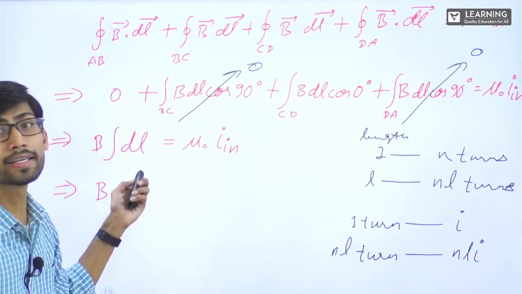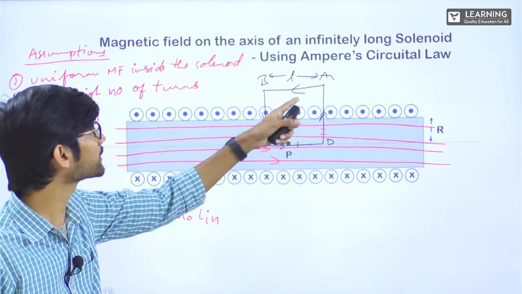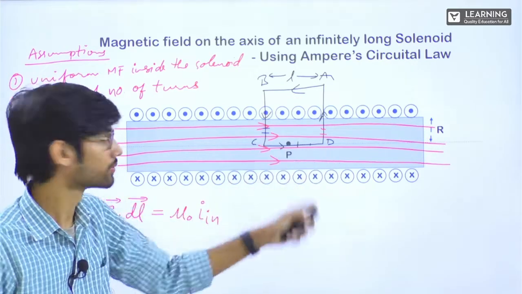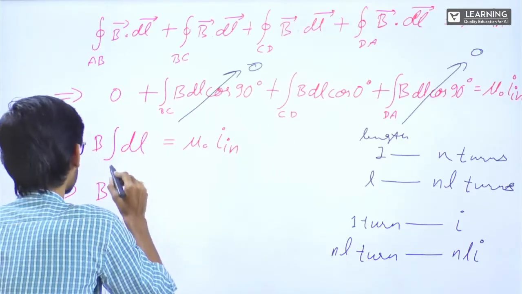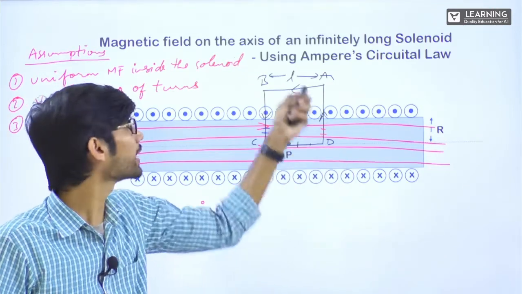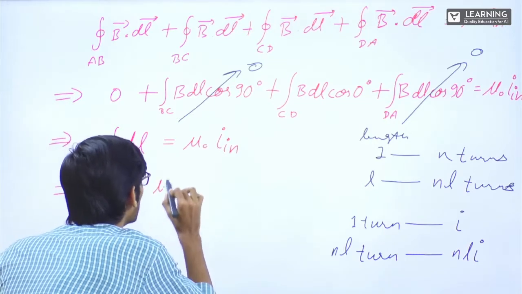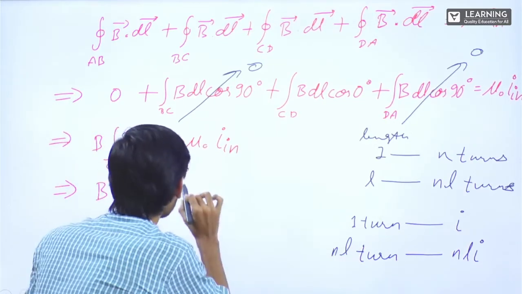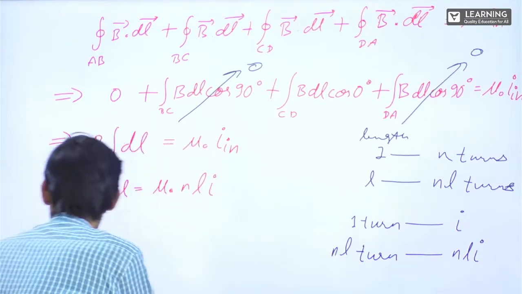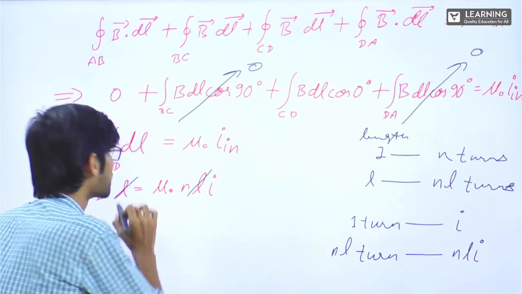B, and integral dl. What is this integral dl? This is the complete length integrated from C to D. This is CD only, right? Integral dl is the complete length integrated from C to D, that is L length only. It is a square loop. So B into L is equal to mu naught into nLI. Now see here, this L and this L cancel.